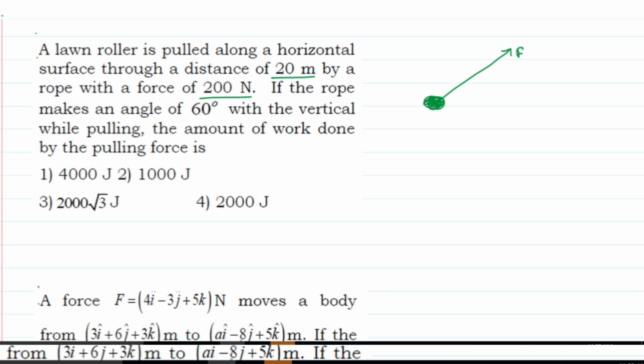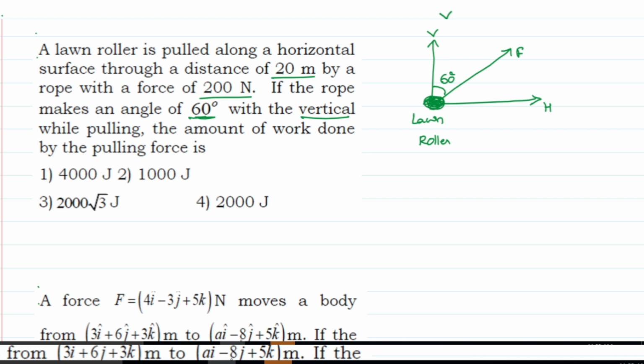The rope makes an angle theta with the vertical. This is the vertical and this will be the horizontal, and here it's making an angle of 60 degrees, it's given.